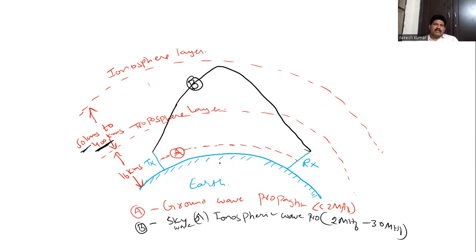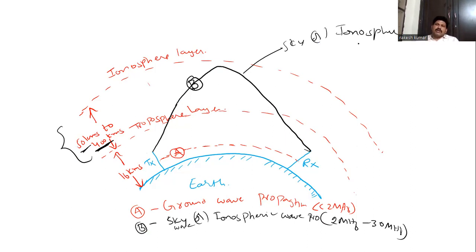What is the height above the Earth's surface where the ionospheric wave propagation occurs? Between 50 kilometers to 400 kilometers. So this is B, which is nothing but sky wave or ionospheric wave propagation.